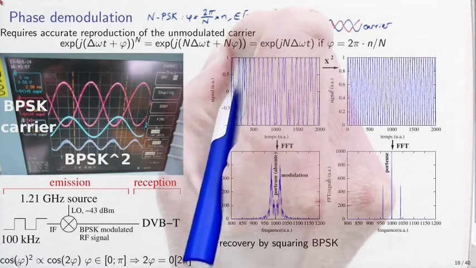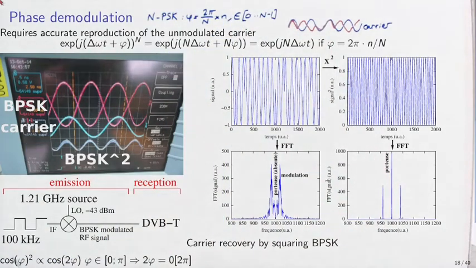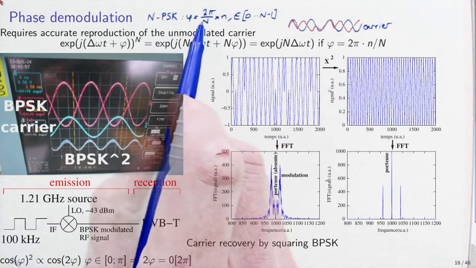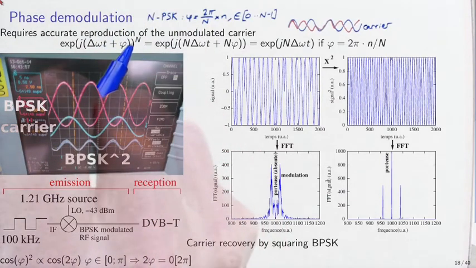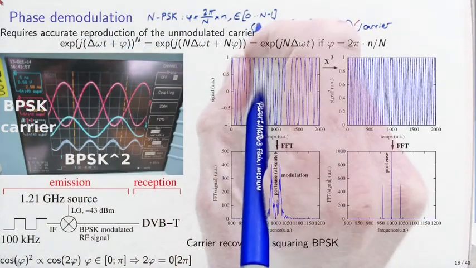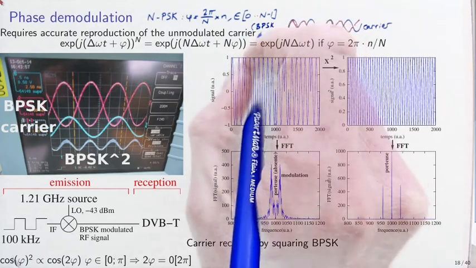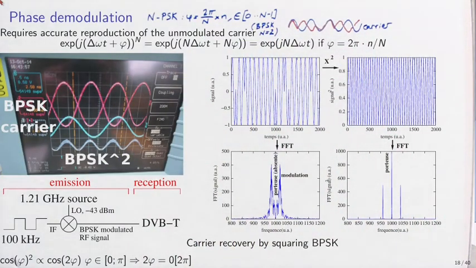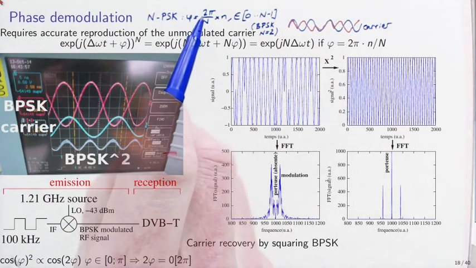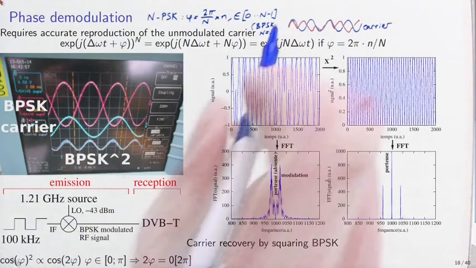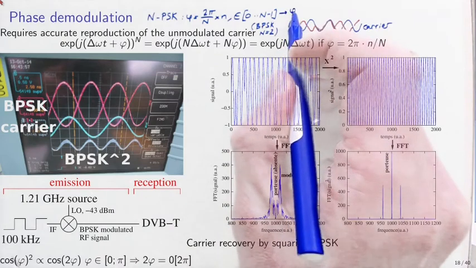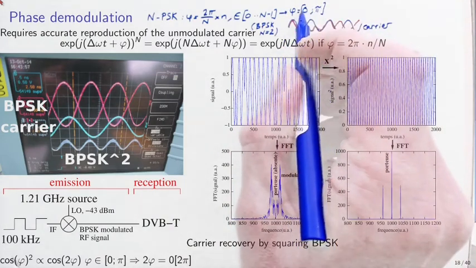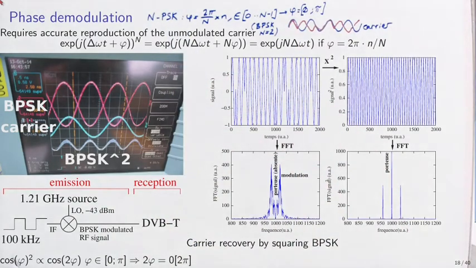So this is an integer value. In our case, N equals 2 for BPSK, so we have two phase states. N equals 2 means we have phi equal 0 or pi. So phi equals 0 or pi are the two phase values that can be accessed in BPSK.